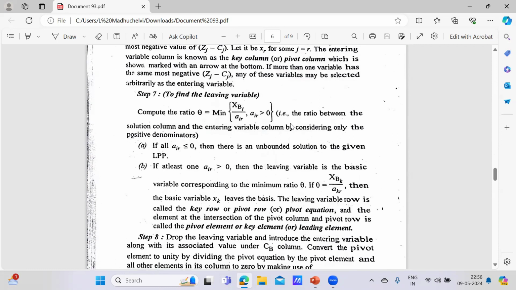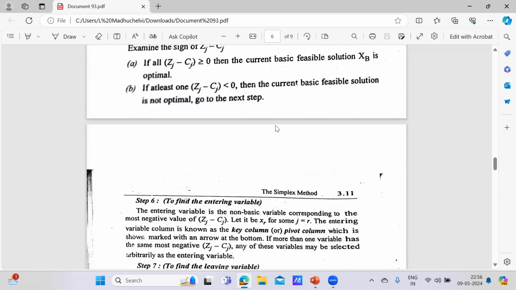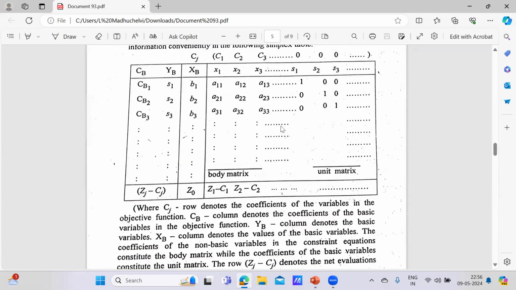Next, step 7. Now that we have found the entering variable, we have to find the leaving variable. For that we compute the ratio theta equal to the minimum of XBi by AiR. See the table: suppose Z2 minus C2 is most negative.